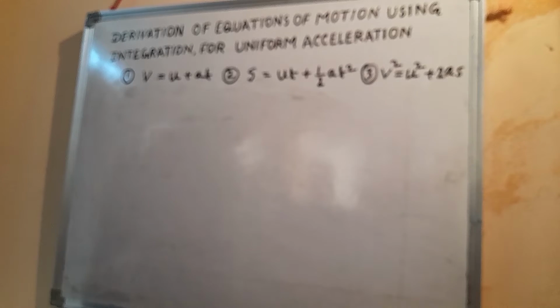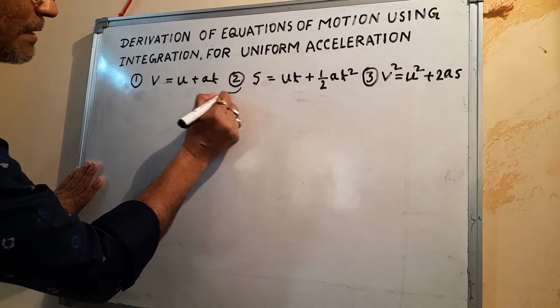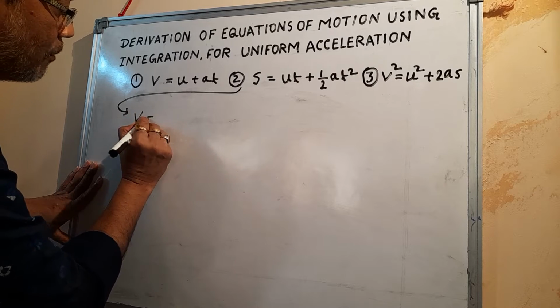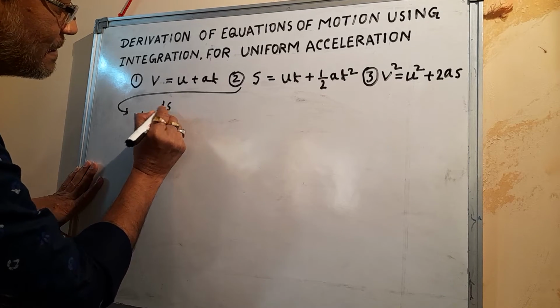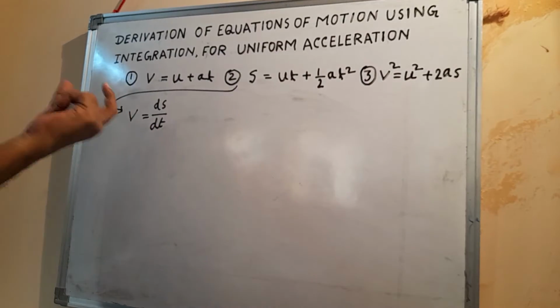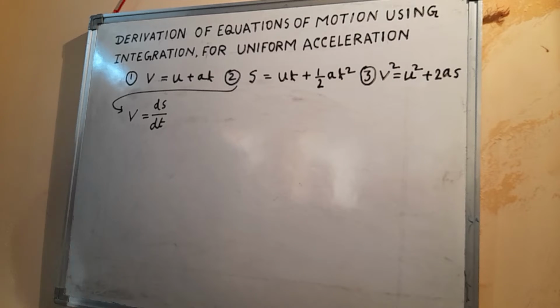For the derivation of the second equation, we know v equal to ds by dt, where ds is the small change of s and dt is the small change of time.